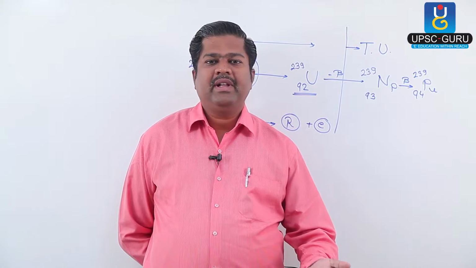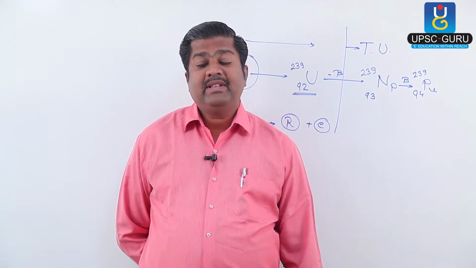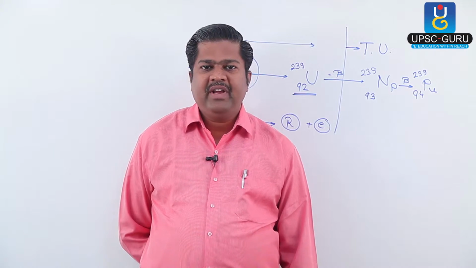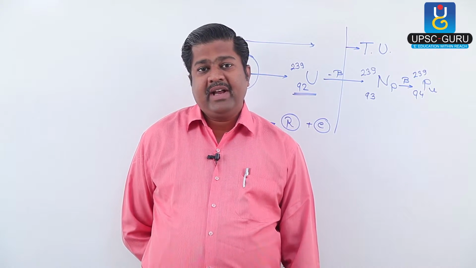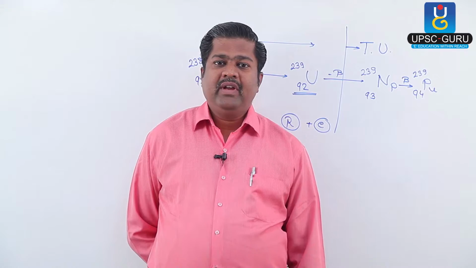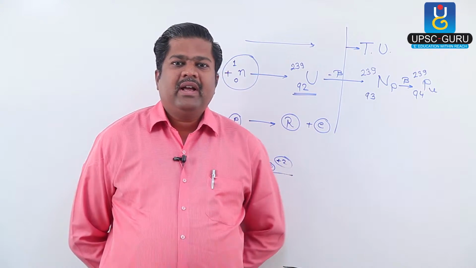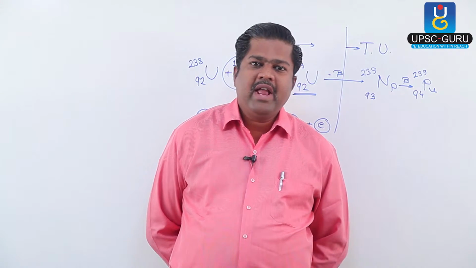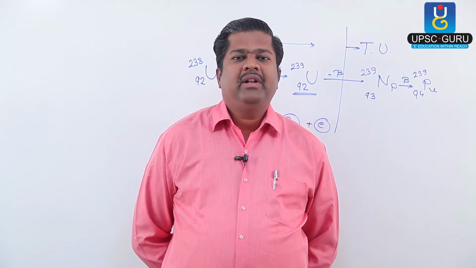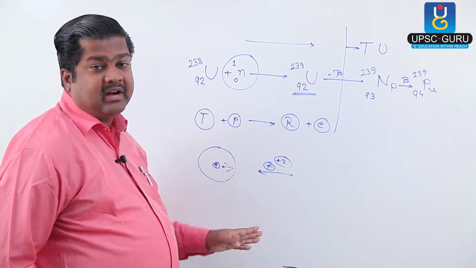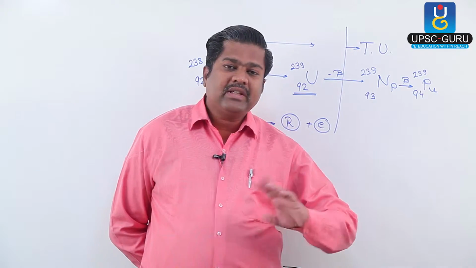Early means less than atomic number 82, that is lighter elements, which is also possible. So for example, we can make carbon radioactive, oxygen radioactive, phosphorus radioactive. Like that, various non-radioactive elements we are able to make radioactive by using various particle accelerators and various projectiles.